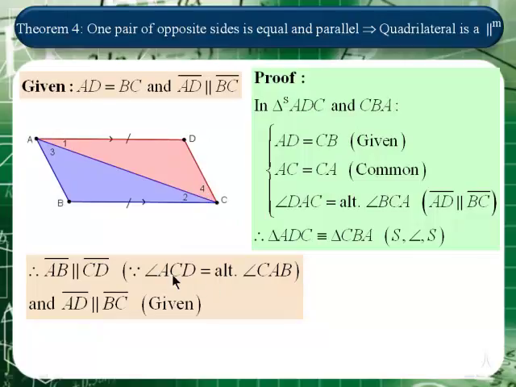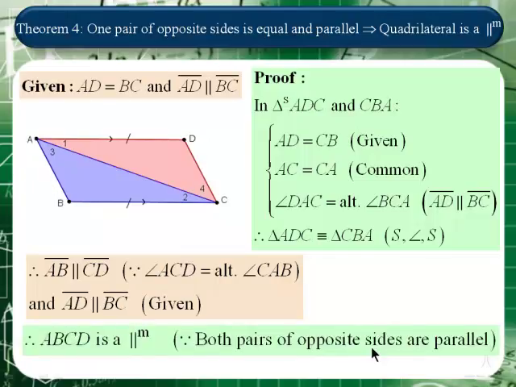So these two angles are alternate angles and they are equal, and therefore the two line segments AB and DC must be parallel, because AC serves here as a transversal. So what do we have now? We have that both pairs of opposite sides are parallel, and therefore ABCD must be a parallelogram.